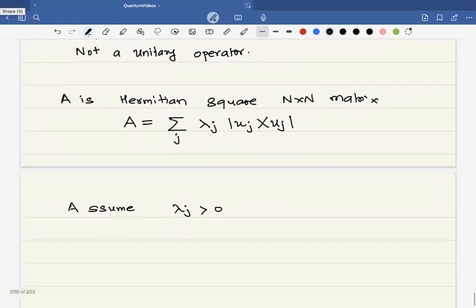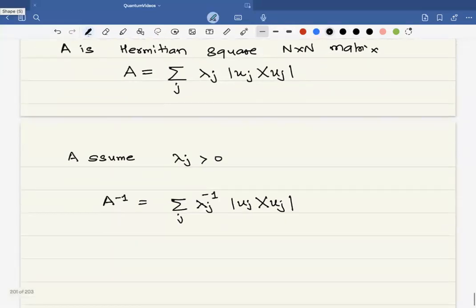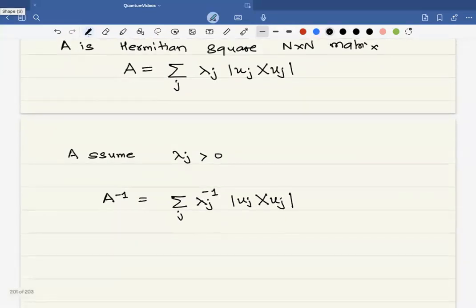Therefore, A inverse will be equal to the summation over j of lambda j inverse times u j u j dagger, where the u j's are the eigenvectors. And then we can write the vector B in terms of the eigenvectors. So let B be the summation over j of some scalars beta j times u j. This is the expansion of the vector B in terms of the eigenvectors of the matrix A.